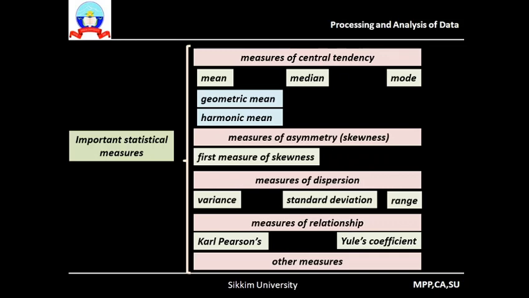Measures of central tendency includes mean, median, and mode. Measures of asymmetry includes skewness. Measures of dispersion includes variance, standard deviation, and range. Whereas measures of relationship includes correlation.